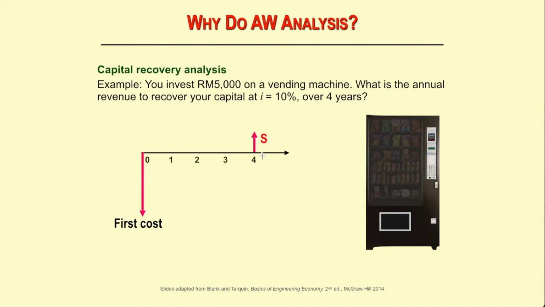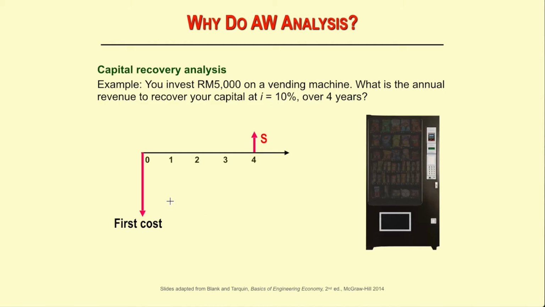So a question that can be asked is, how much must the vending machine generate in annual revenue over 4 years in order for you to recover your initial investment at 10% rate of return?